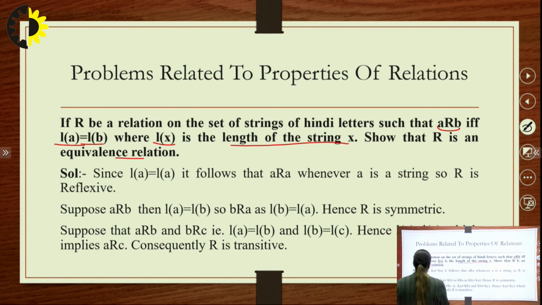There is no question in this, so it will be a reflexive relation. Now suppose A is related to B, then length of A is equal to length of B, then length of B will also be equal to length of A, right? So it is symmetric.